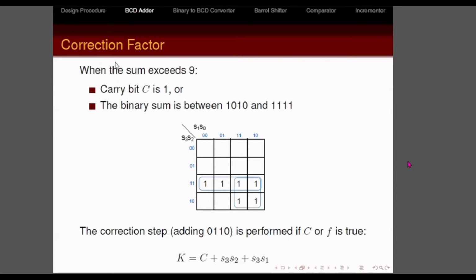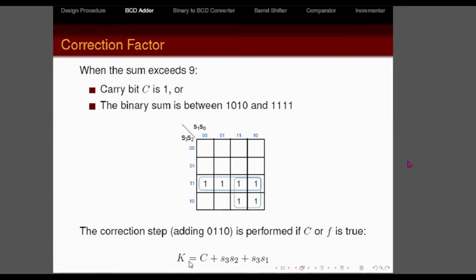Okay, so when the sum exceeds 9, carry bit C is 1, or the binary sum is between 1, 0, 1, 0 and so on. So you got this, this is the correction factor. That means when C is 1, that's the first condition, and the second condition based on S3, S2, S1, S0, if the number is 1, 0, 1, 0, 1, 0, 1, 1, and 12, 13, 14, and 15.